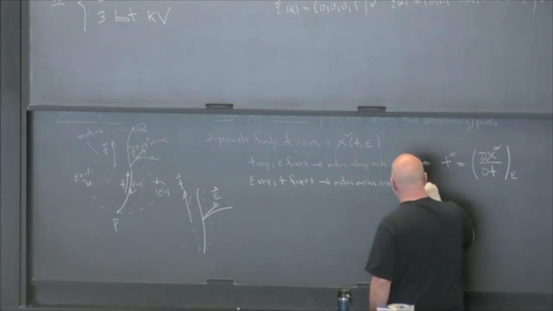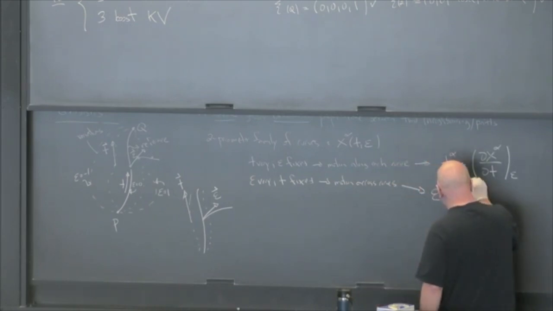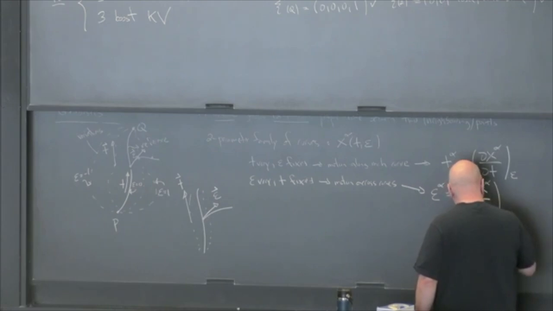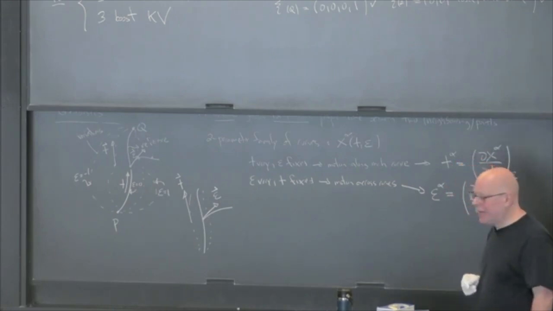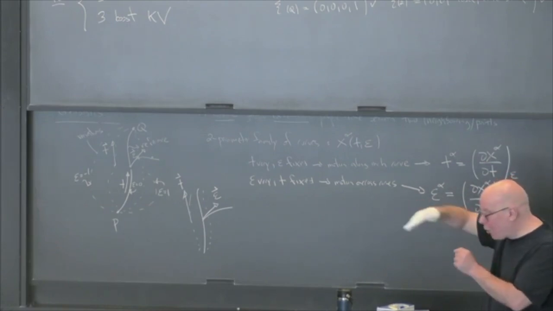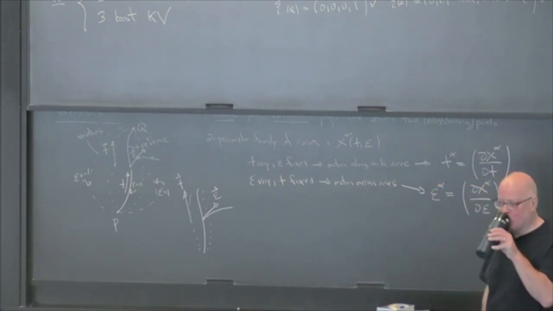And then for this type of motion over here, we have a different tangent vector. I'll call it epsilon. I think the notation is suggestive here. That corresponds to varying epsilon, keeping t fixed. So that's when we move at constant t across curves by changing epsilon.